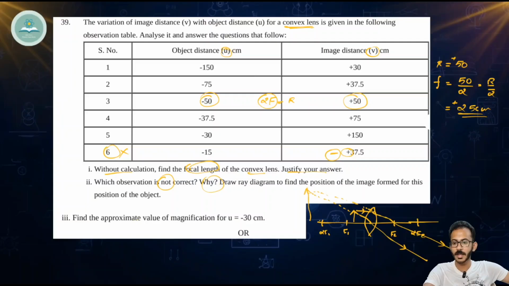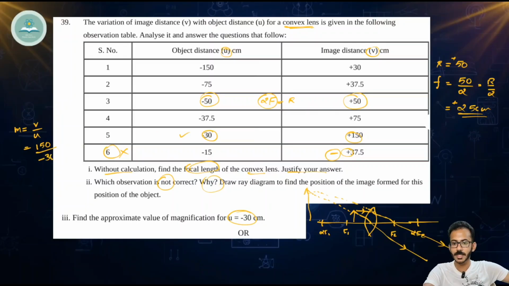Next one is, find the approximate value of magnification when u is equal to minus 30 centimeter. Let's see where it is minus 30. Minus 30 is here. So we know the magnification value. Magnification equation for a lens is m is equal to v by u. Here v is plus 150, divided by object distance, which is minus 30.